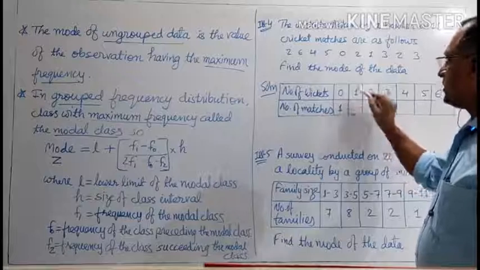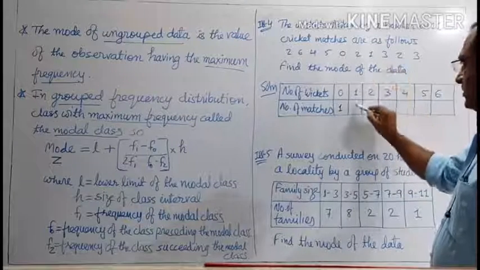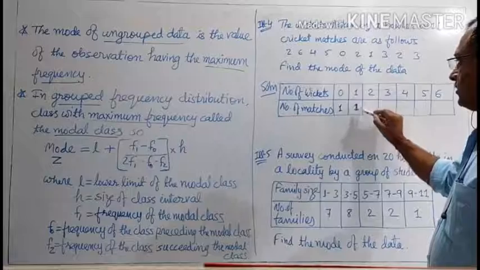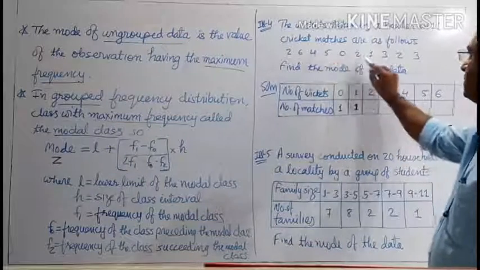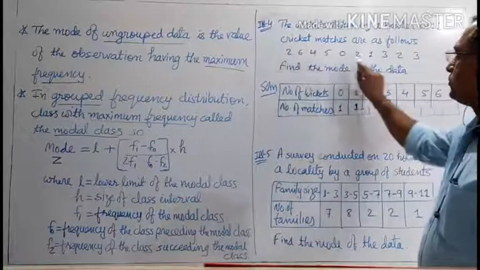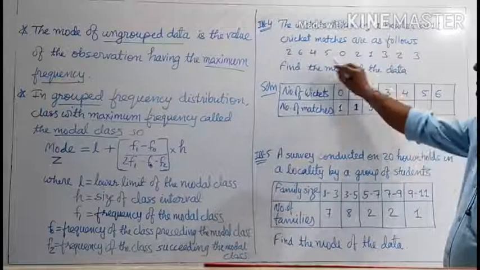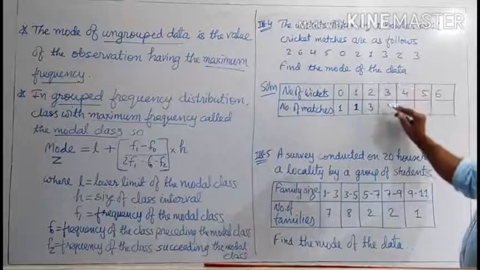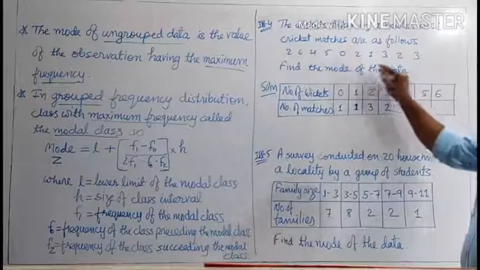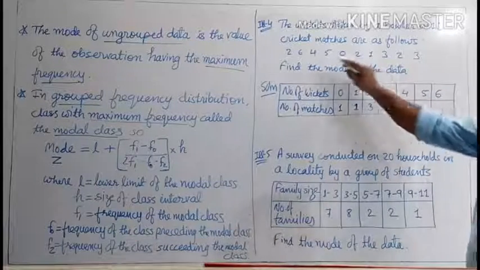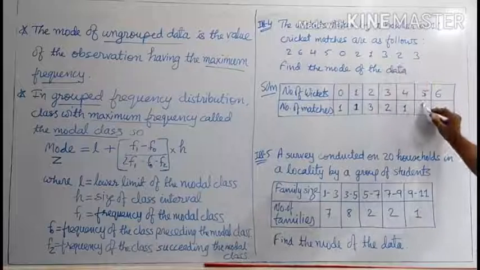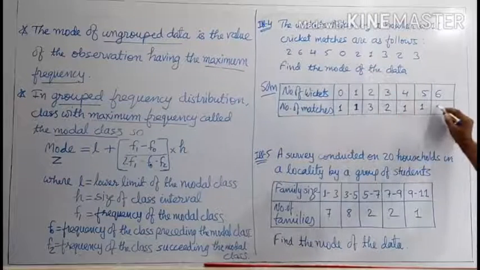Only one time. 1 wicket taken, one time. 2 wickets taken, how many times? 2, 2 and 2, that is 3 times. 3 wickets taken 2 times. 4 wickets taken 1 time, 5 wickets 1 time, and 6 wickets 1 time.